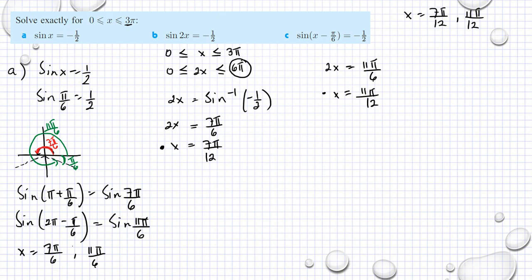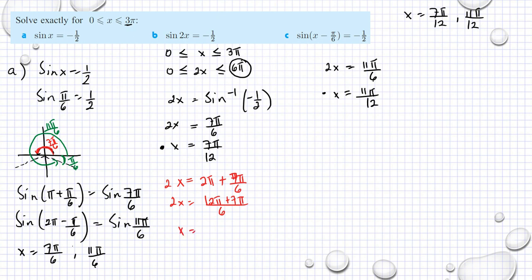Okay, so for our next two, we already finished from 0 to 2 pi, now it is 2 pi to 4 pi. So 2x is equal to 2 pi plus 7 pi divided by 6. Then 2x is equal to 12 pi plus 7 pi divided by 6.